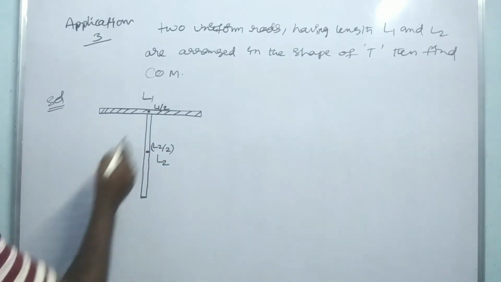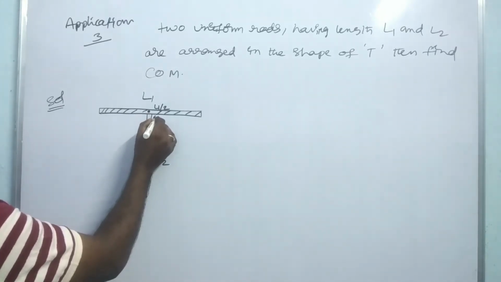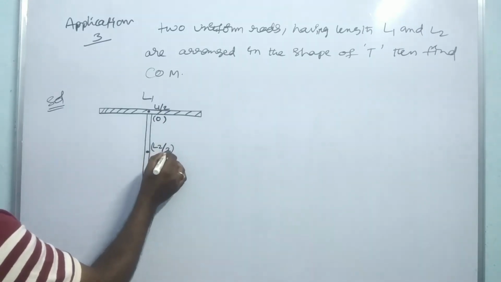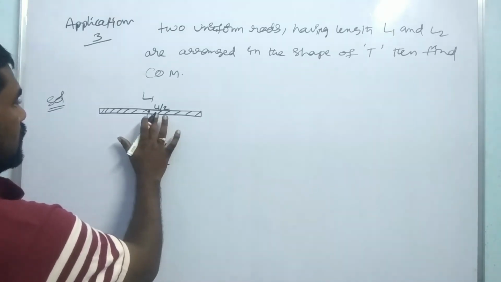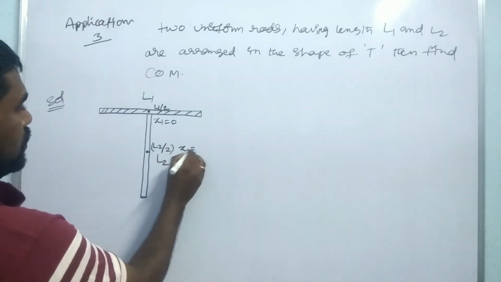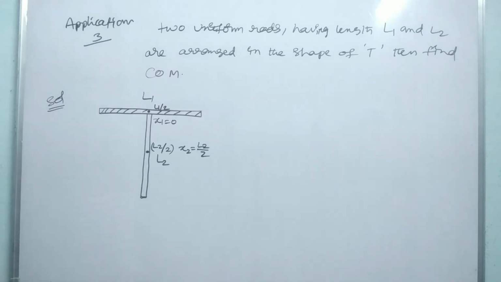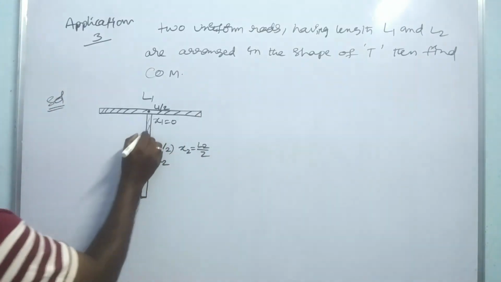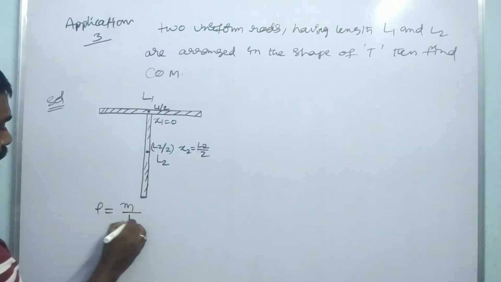So here these are the 2 points, where x1 we have to write as 0 and x2 is L2 by 2. So x1 is equal to 0, x2 is equal to L2 by 2. How can we find the mass? The density of the uniform rod, rho, is equal to mass per unit length.